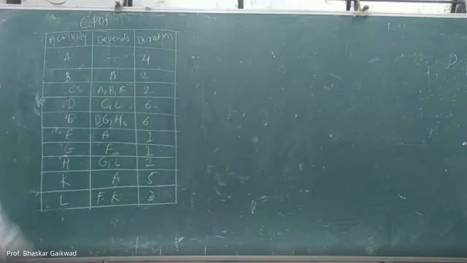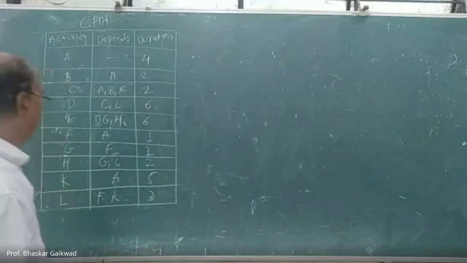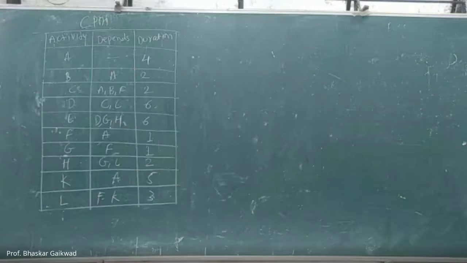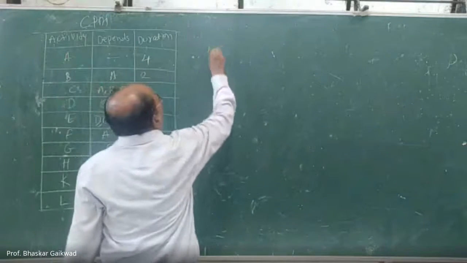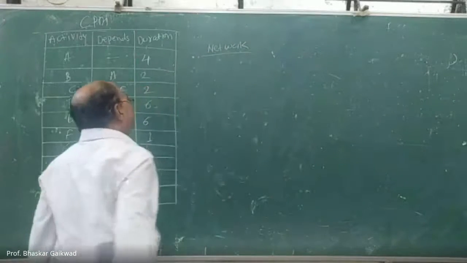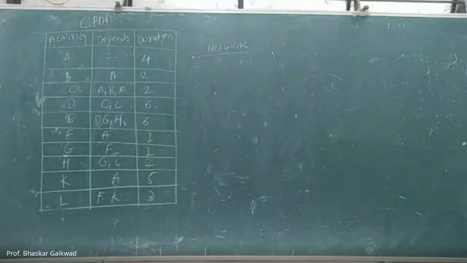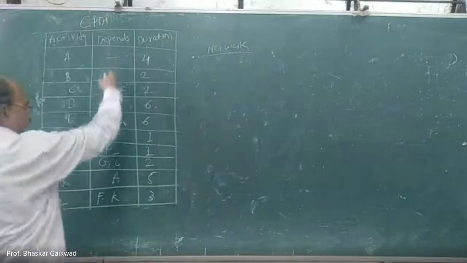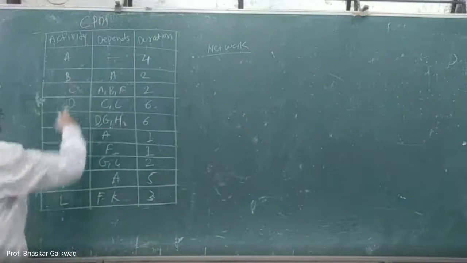So let us start with the network diagram, the project diagram. Let us start from A. What is A? A will start from the previous one. These are the previous activity and this is the next activity.